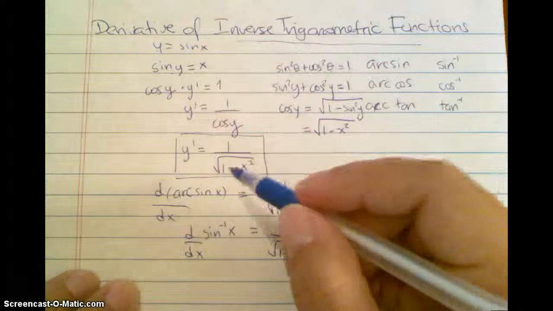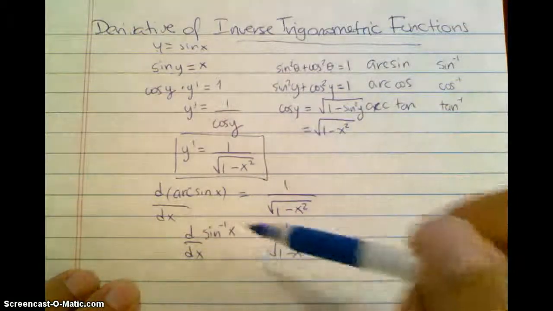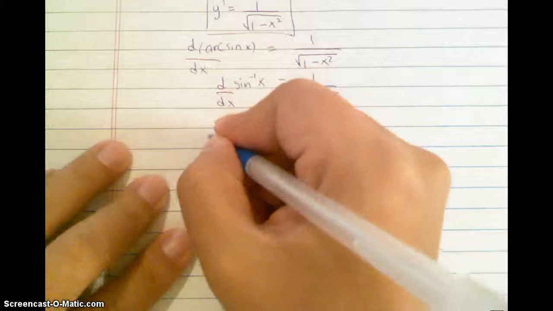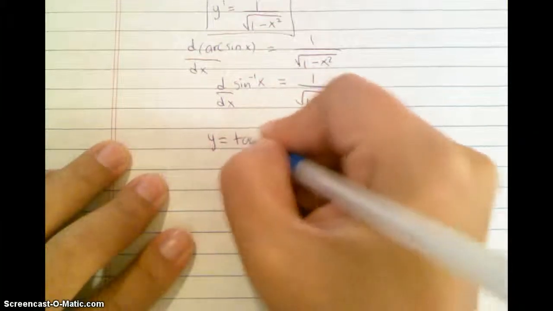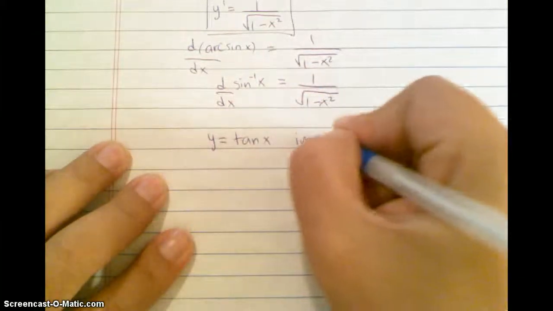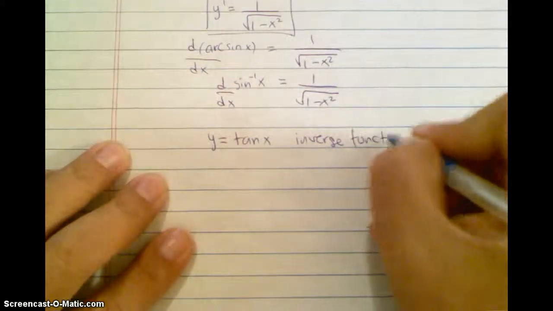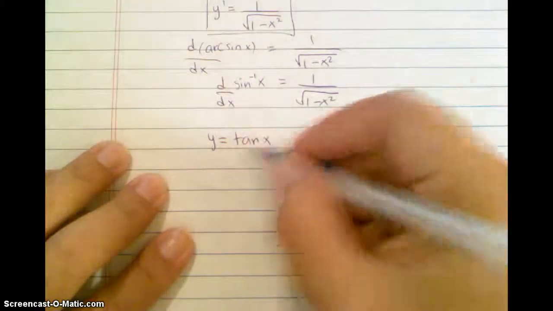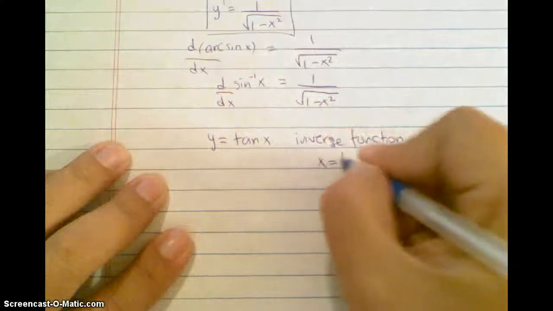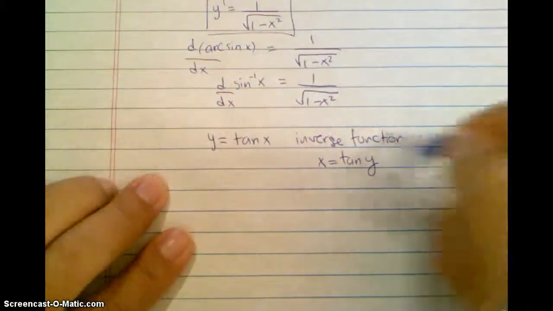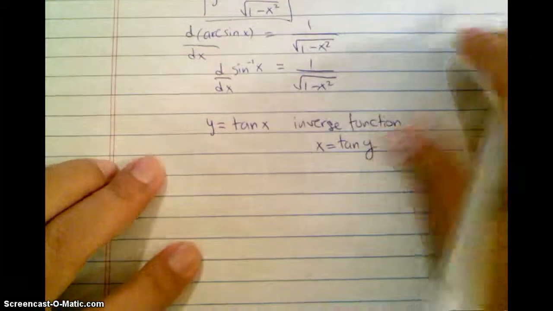Now we're gonna do the same procedure to determine what's the derivative of arctangent. So I'm gonna do pretty much the same. I know that the function y equals tangent of x has an inverse function arctangent, and I swap x and y, so I have x equals tangent of y, and then I'm trying to find the derivative of this function.